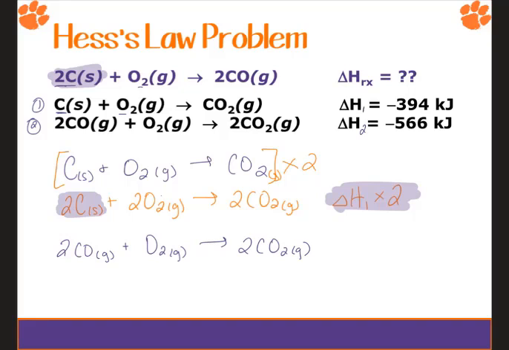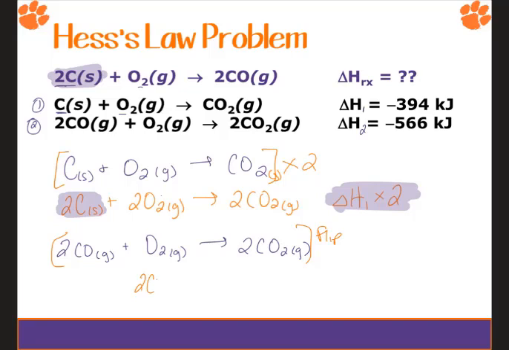So what do I see here that's similar to my goal reaction? Here I have carbon monoxide. I have that in my goal reaction, but I should notice that it's on the reactant side here, but it's on the product side in the goal. So that can't do. What I have to do is flip this reaction. What's on the left side goes to the right. What's on the right side goes to the left.